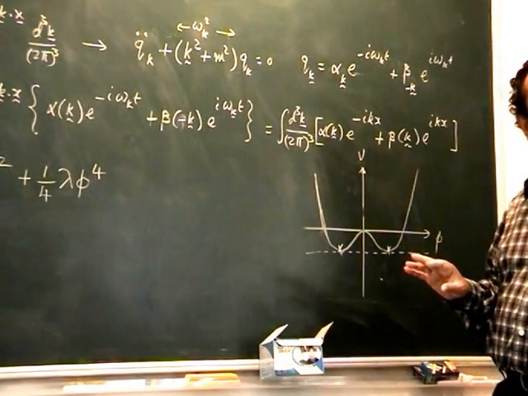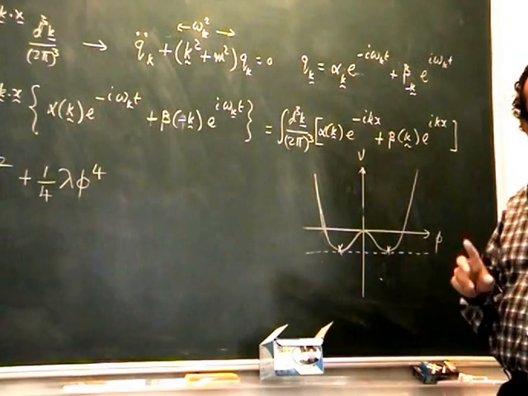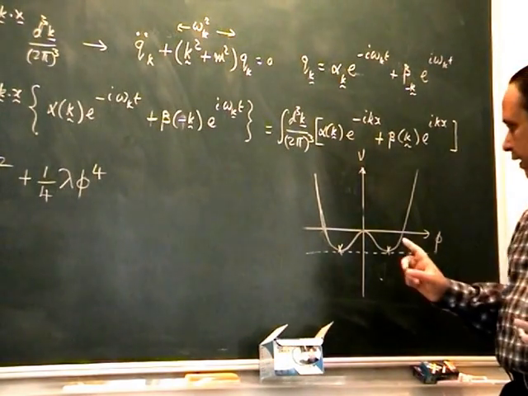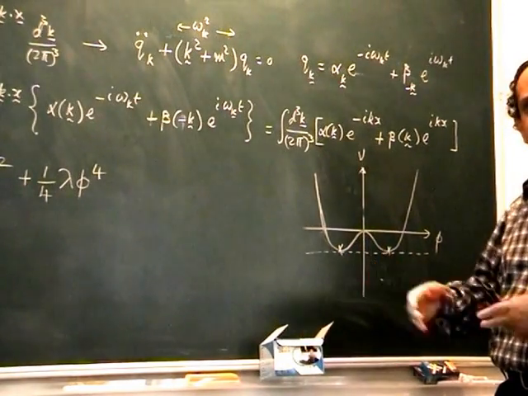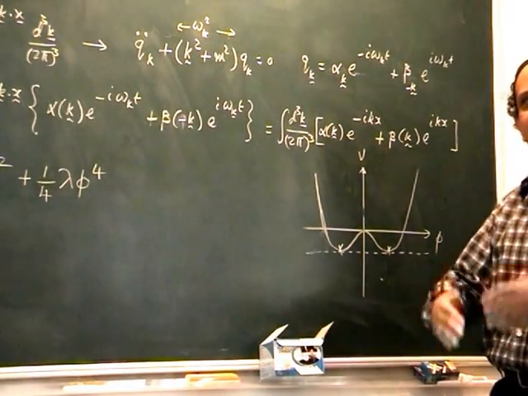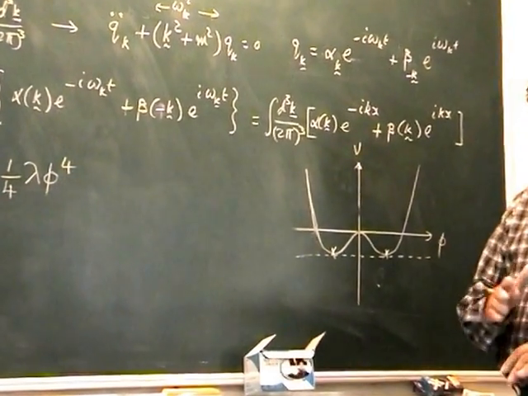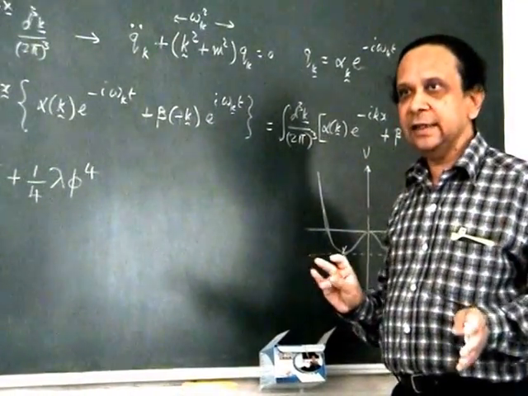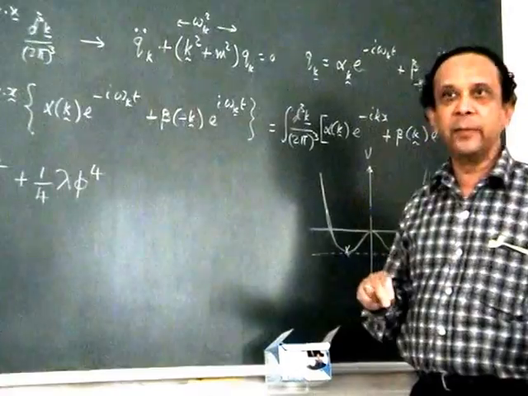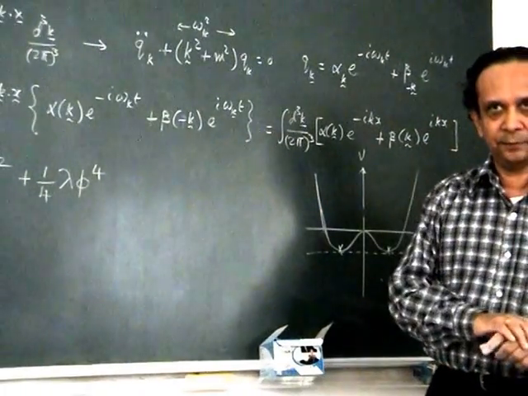That means the degeneracy will be lifted. You will get one symmetric state, which is a symmetric combination of these, and one anti-symmetric state, and you will find that the degeneracy is lifted. There is a genuine ground state, and everything can be done about it. Okay? This is very interesting, but we are not going to do quantum mechanics, so we will leave that aside.